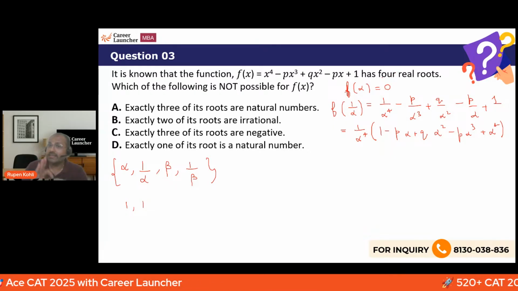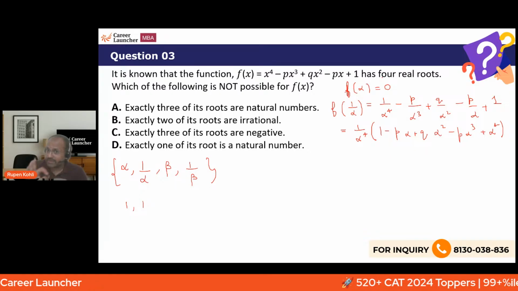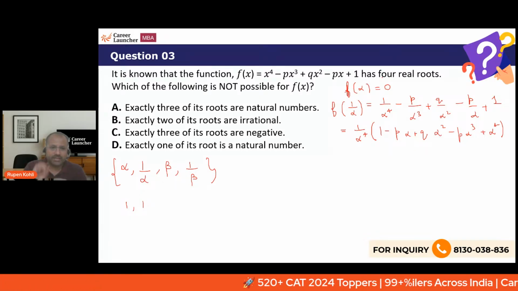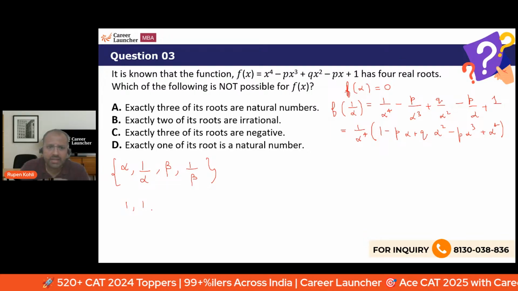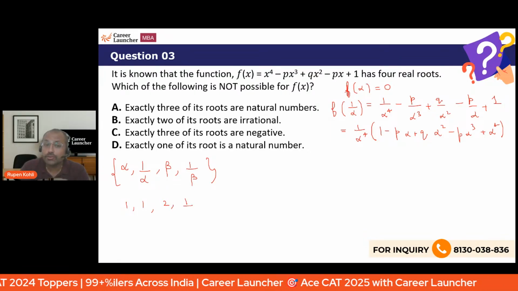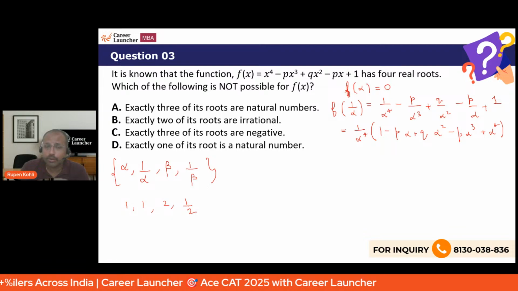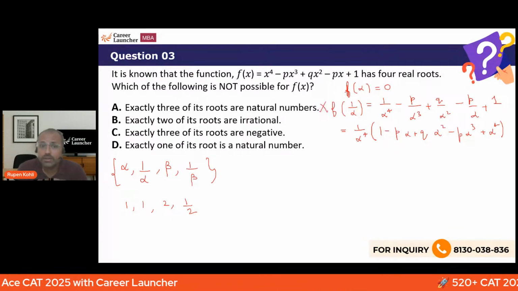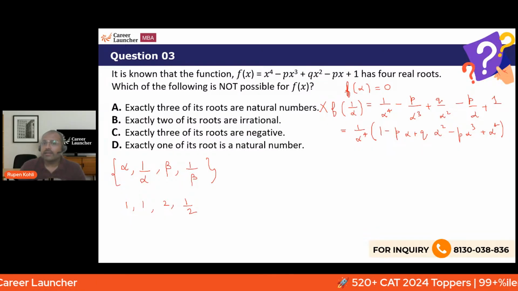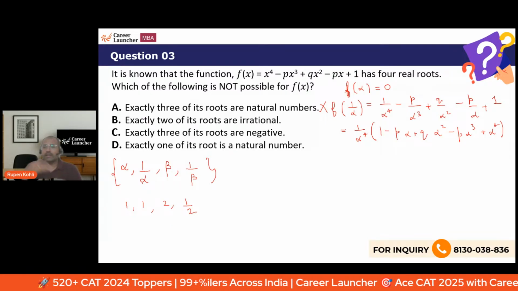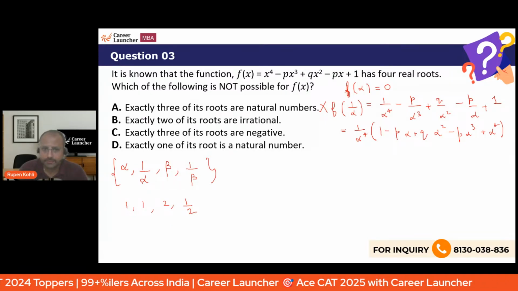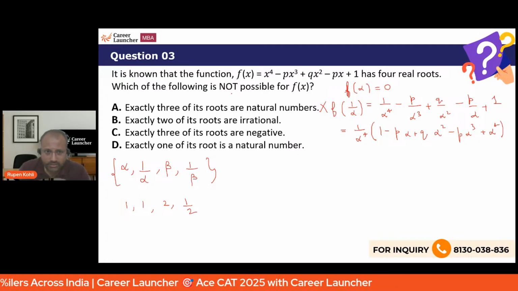It is only said there are 4 real roots. It does not mean they are distinct, right? So 1 and 1, and let's say I take beta as 2. So don't you think we have satisfied option A? So that is not my choice, because it is possible for 3 of the roots to be natural numbers. The only way is to make 2 of the roots 1, then the third root a natural number, and the fourth root becomes a fraction. So this is not my choice.